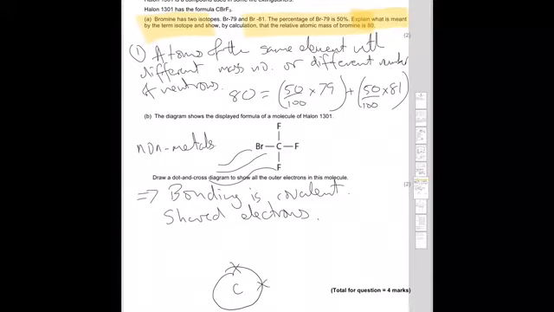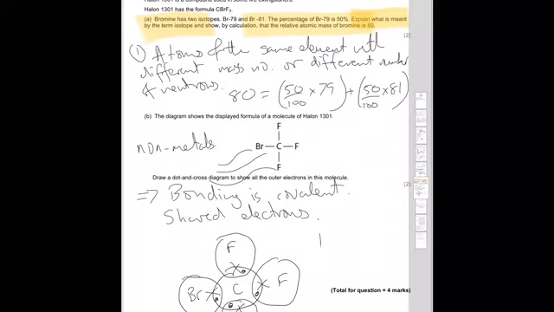First of all, I've just drawn here carbon with 4 electrons in its outer shell. Then I've drawn the overlap of bromine, fluorine, fluorine, fluorine. In the overlap there must be a pair of electrons because each is a covalent bond, because we're drawing a dot and cross diagram.